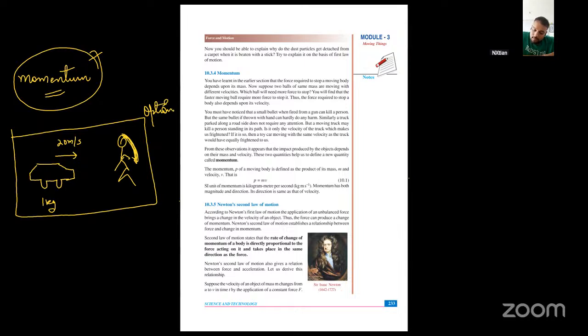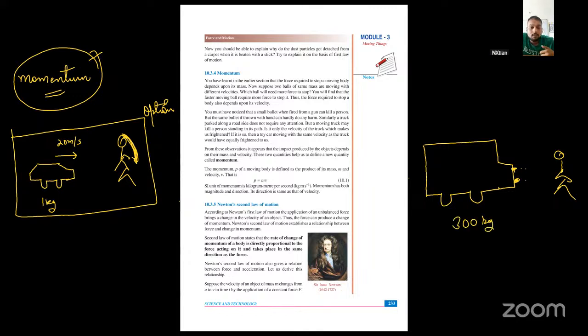And for example, this is me. We take one example. This is a truck, and its weight is normally about 300 kg. It is also coming with the same speed, 20 meters per second.